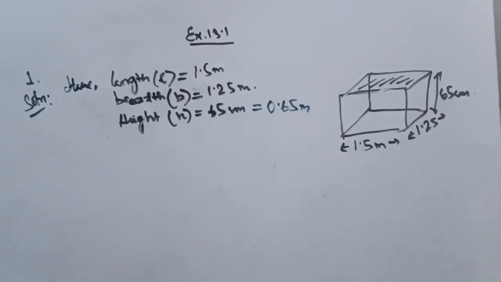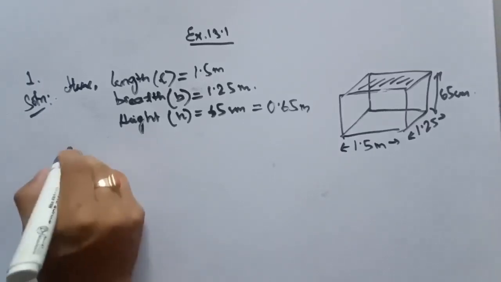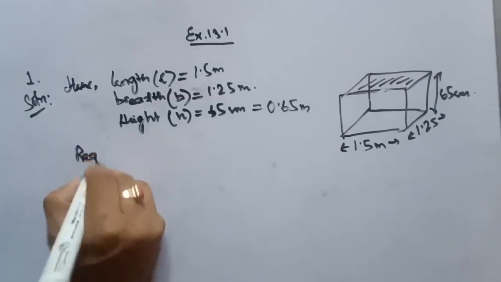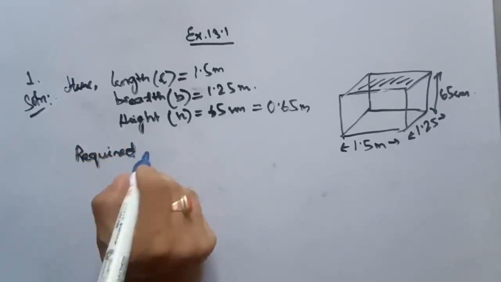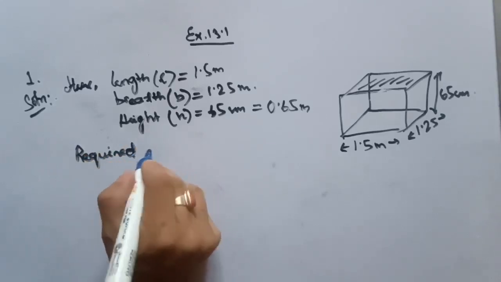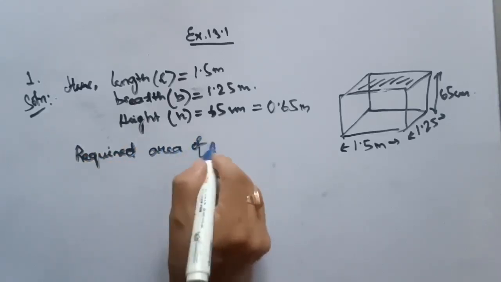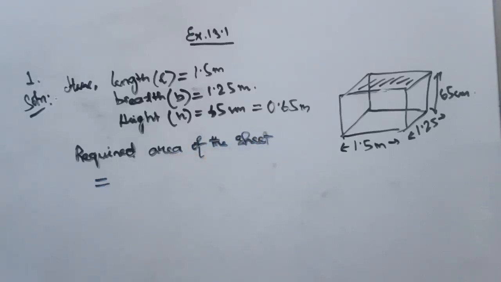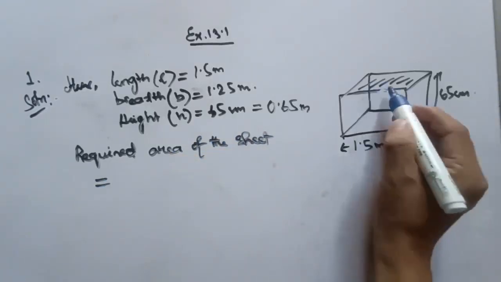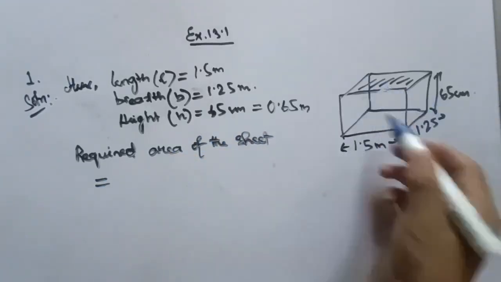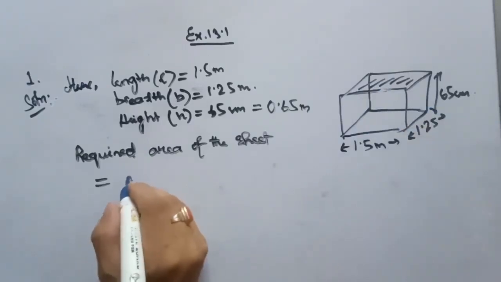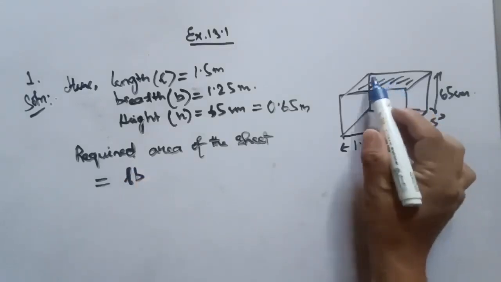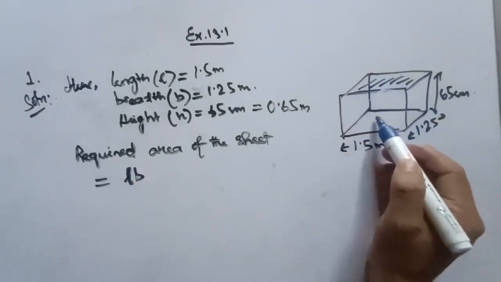Now let us find the surface area required. Let us write this as required area of the sheet equal to, since the top part is open, the required surface area of the box will be 1 time length into breadth, because we are excluding this part and including only the bottom part.